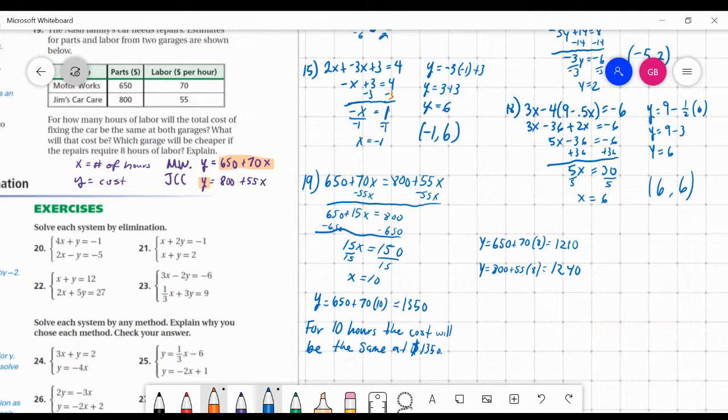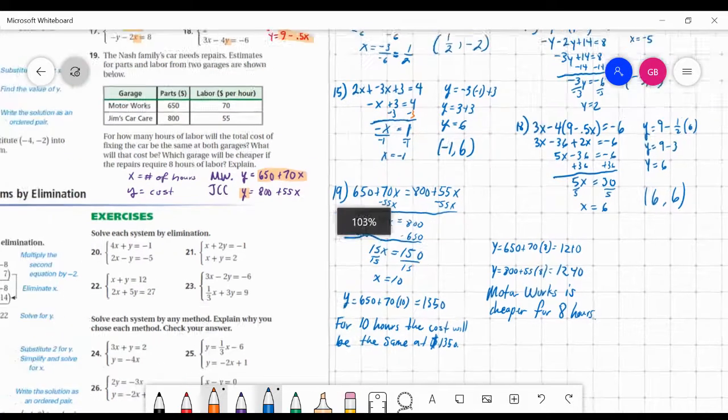So Motorworks is 1,210 for 8 hours. Jim's Car Care is 1,240. So Motorworks is cheaper for 8 hours. Okay, that's for 19.